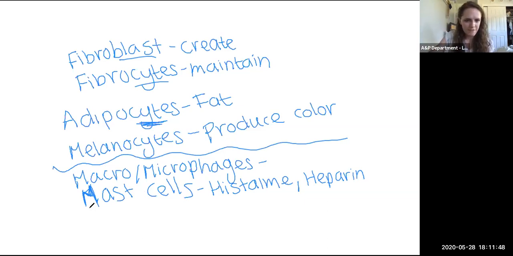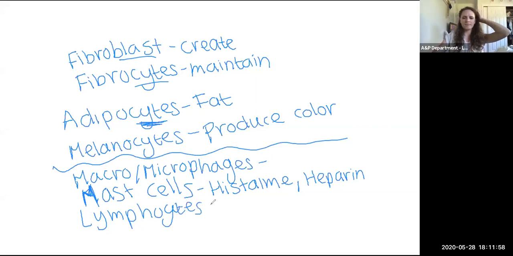Next, you have lymphocytes. Lymphocytes are the type of cells that kind of know what's going on. So let's say you had strep throat before. Your macrophages just ate anything in their path. Lymphocytes know what diseases are coming in, and they will replicate to help destroy diseases that have been known before.